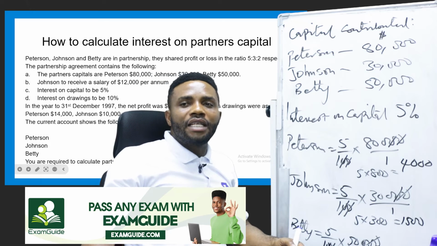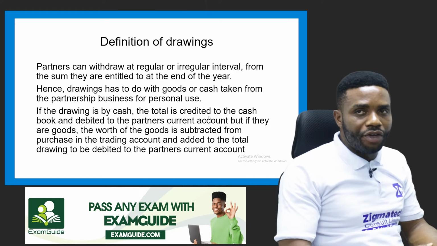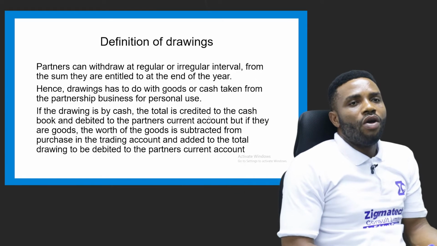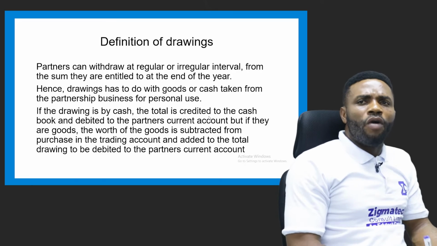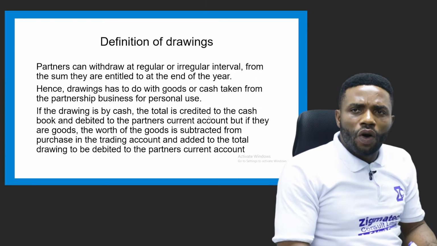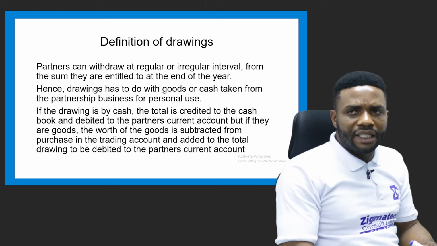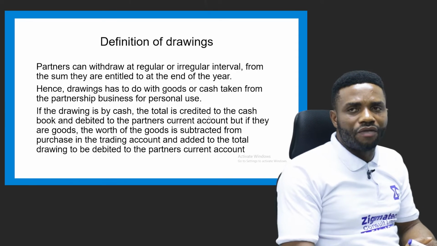All right, let's go to the drawings. We also want to look at how drawings can be calculated. Partners can withdraw at regular or irregular intervals from the sum they are entitled to at the end of the year.